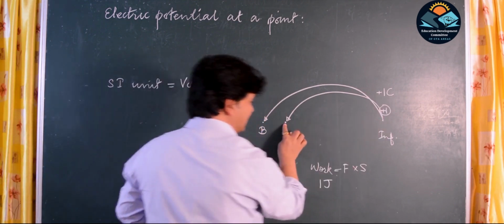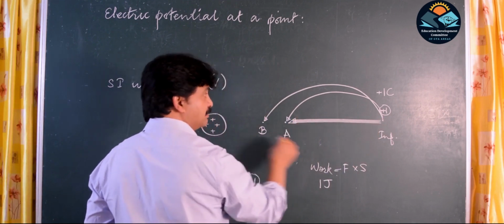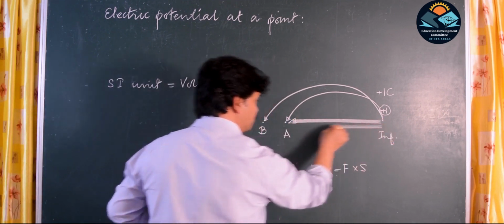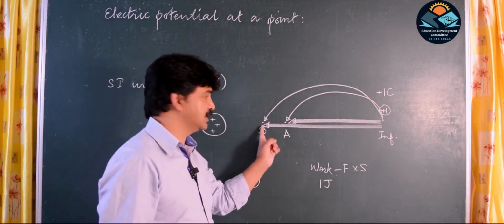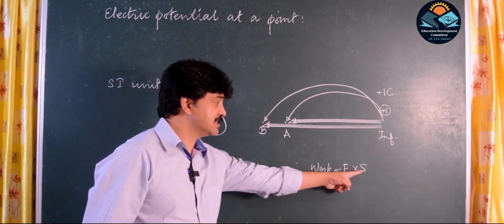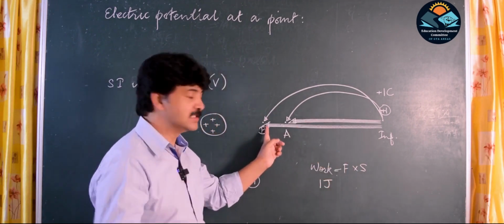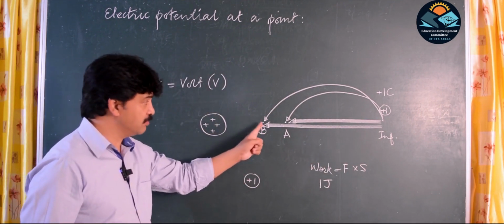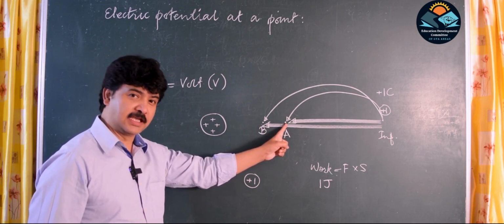But at the point A, this much is the displacement. When the charge is brought from infinity to the point B, you see the displacement is more out here, isn't it? Since the displacement is more, the work done will be more, and hence the potential at the point B will be more than the potential at the point A.